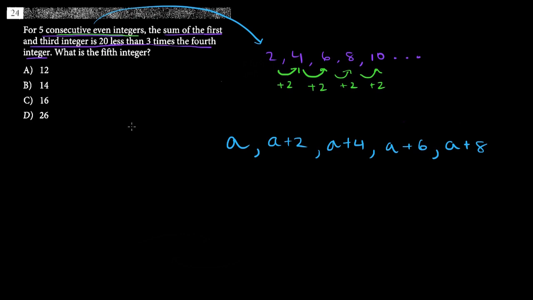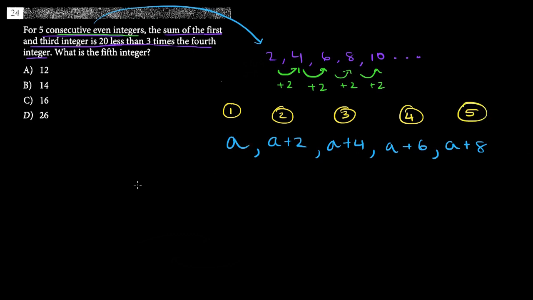And so now we're going to solve for a, and this is why they give this information right here. The sum of the first and third integer is 20 less than 3 times the fourth integer. Let's write that down mathematically. The first is a, the second is a plus 2, the third is a plus 4, the fourth is a plus 6, and the fifth is a plus 8.